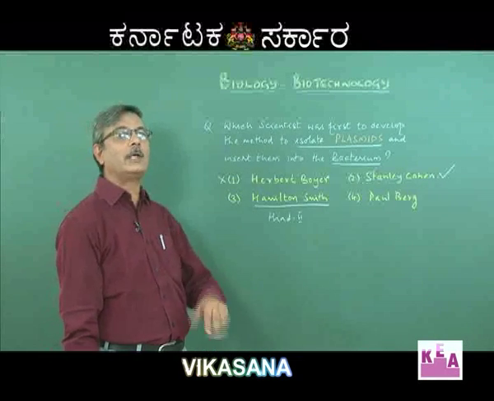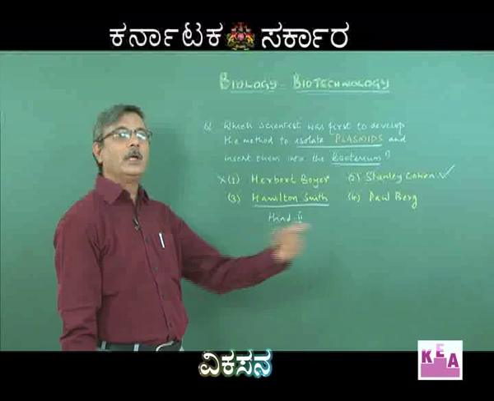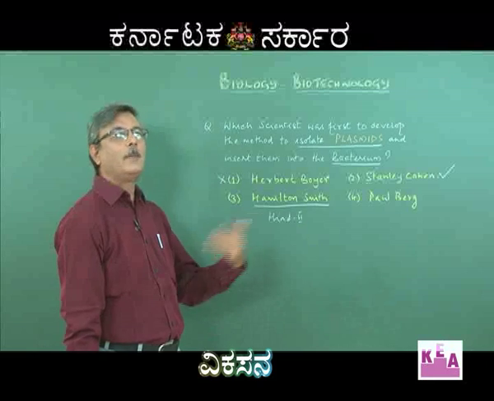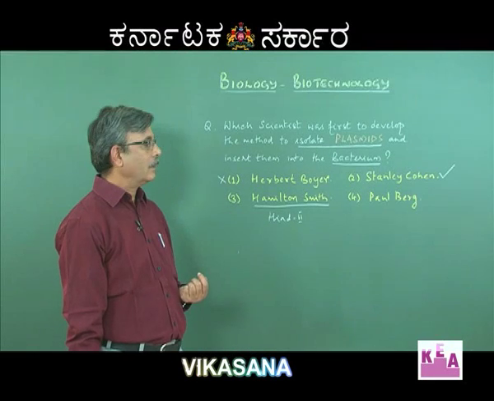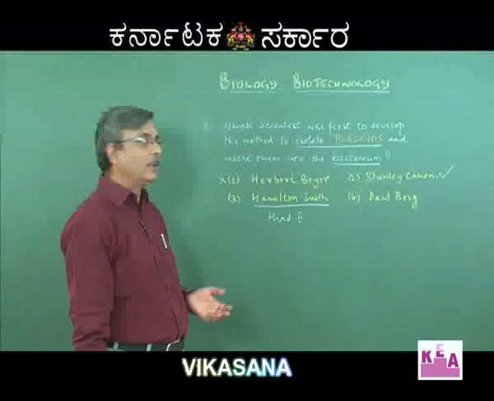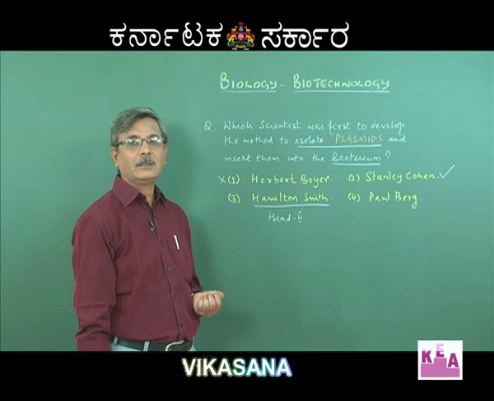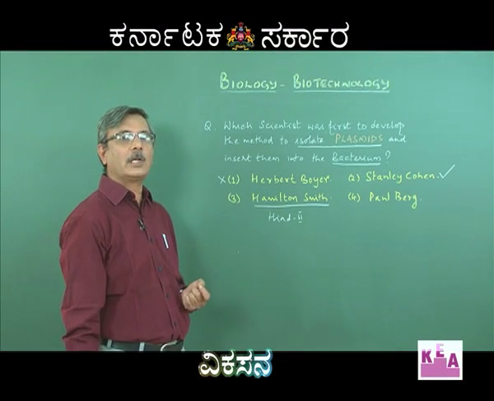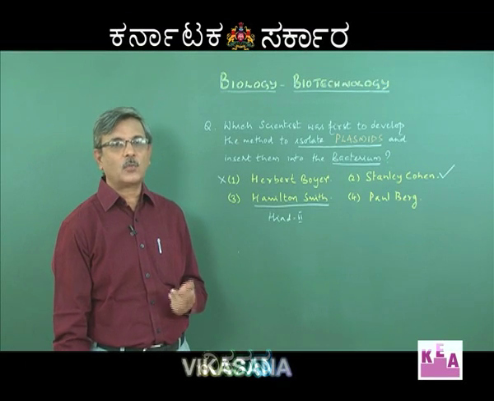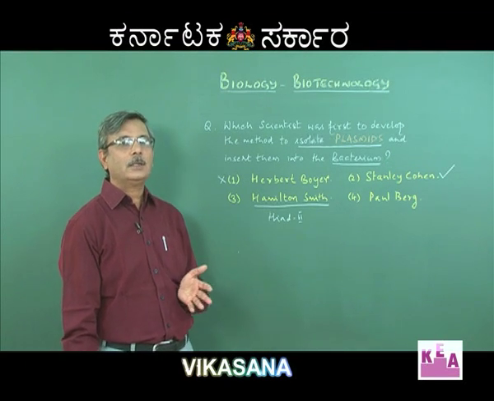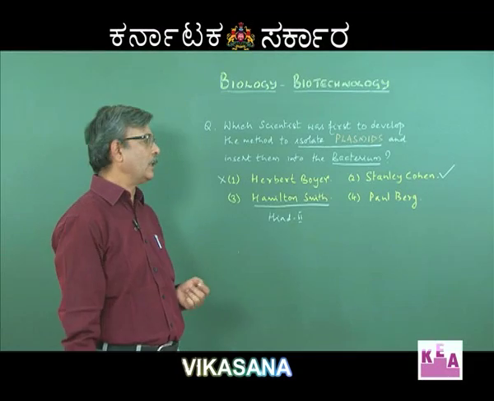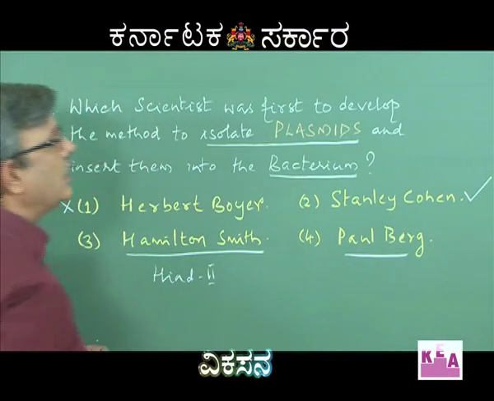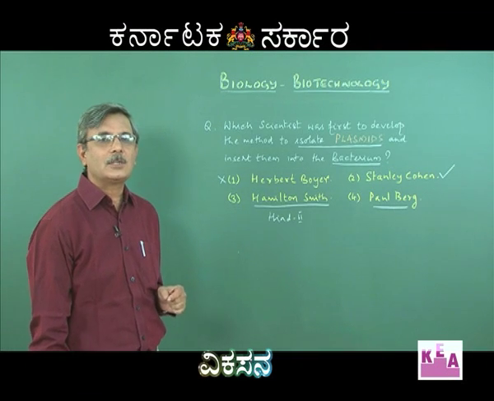I am not saying putting a recombinant DNA into an alien organism or into a bacterium. Paul Berg used lambda virus DNA and simian virus DNA and fused them together to get a recombinant DNA. So the first person to get a recombinant DNA, that is man-made DNA, that credit goes to Paul Berg, because of which he is called the father of genetic engineering.